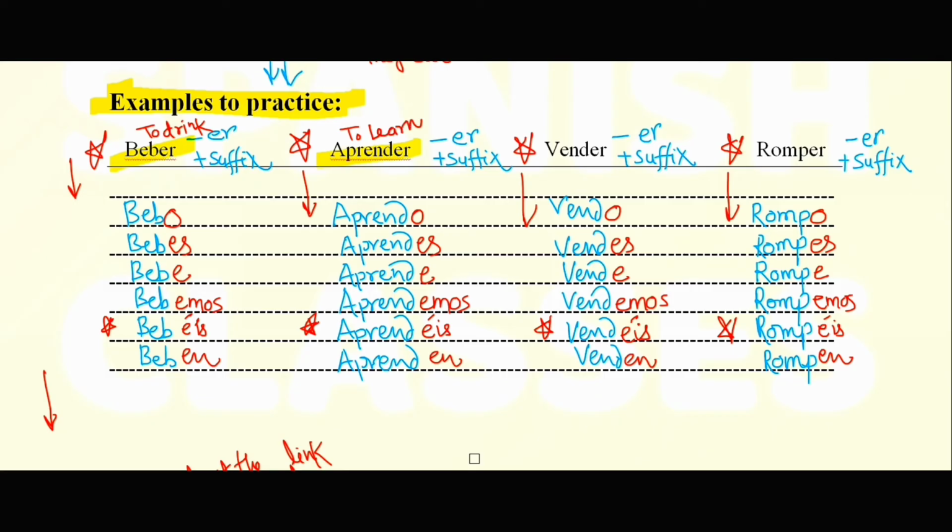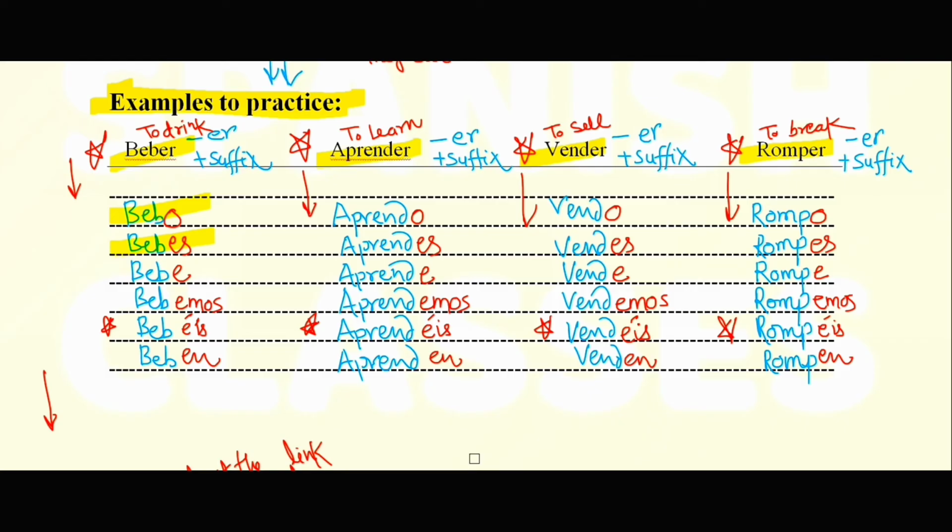Aprender means to learn. Third is vender. Vender means to sell. Romper, to break. Check the conjugations.